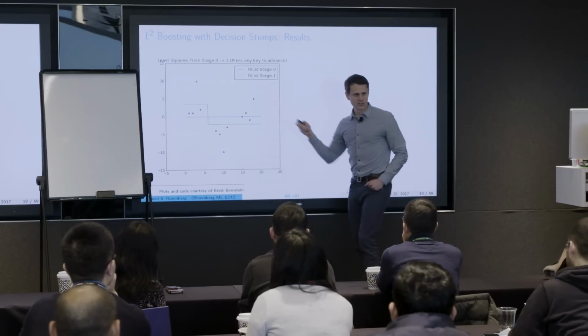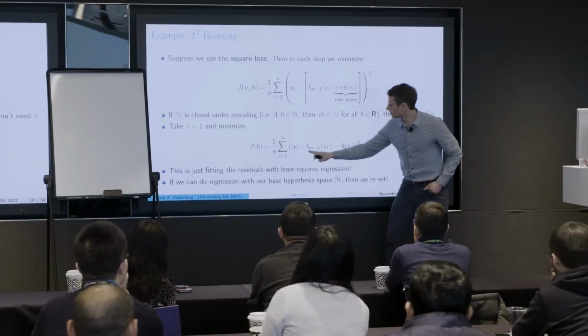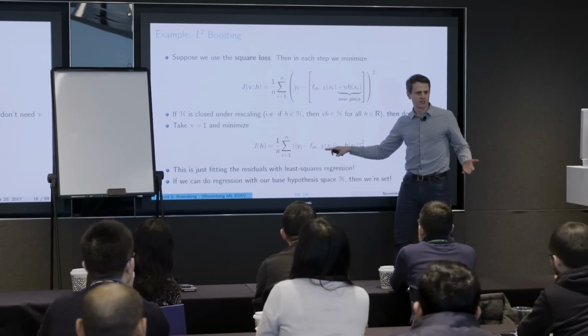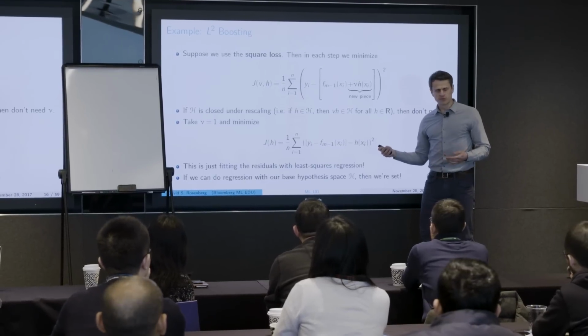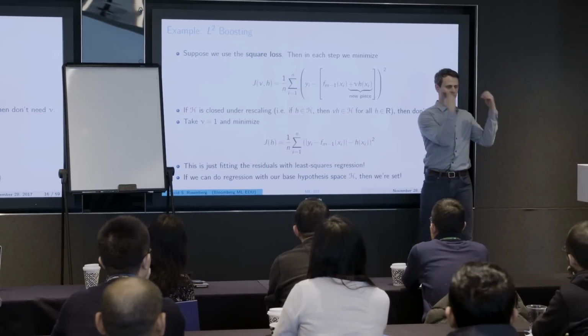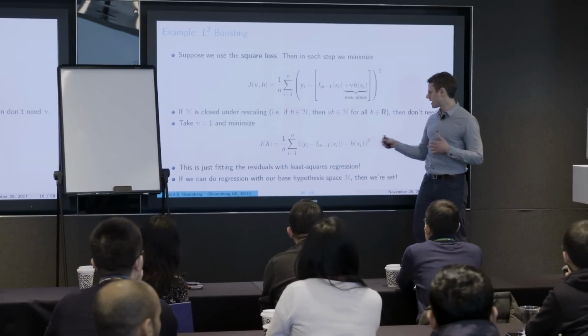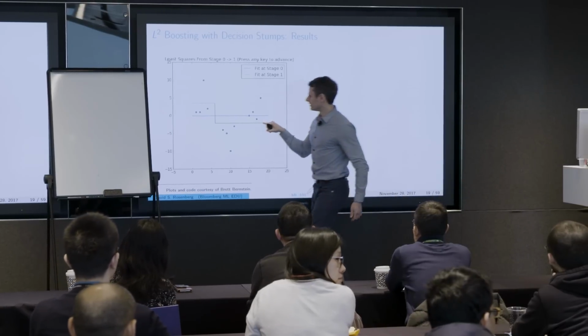So this residual is just the original yi's. Now we have this objective function, and this amounts to taking our data and feeding it to the regression stump algorithm, and it gives us back a regression stump. And we claim it looks like this.